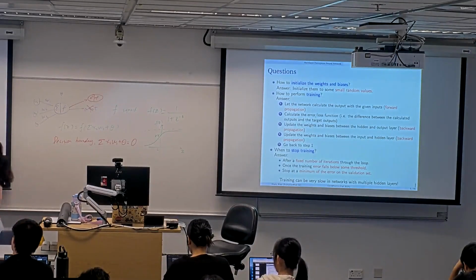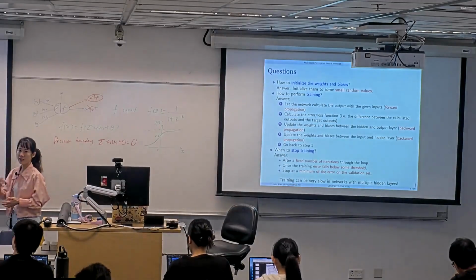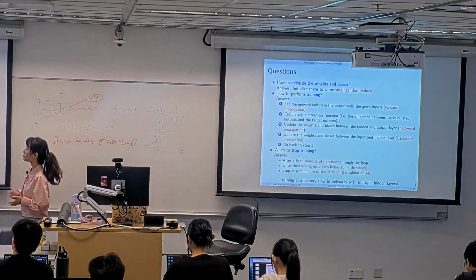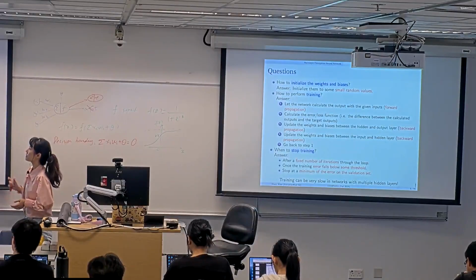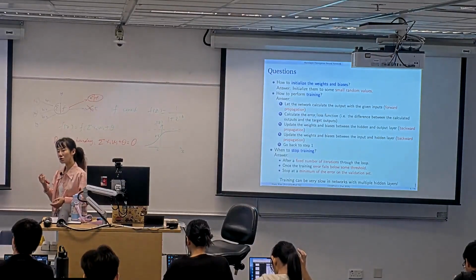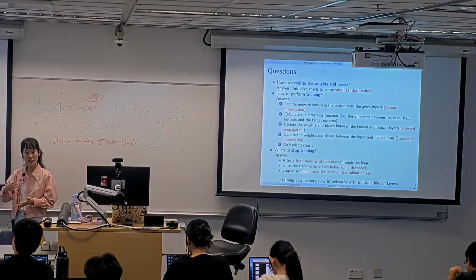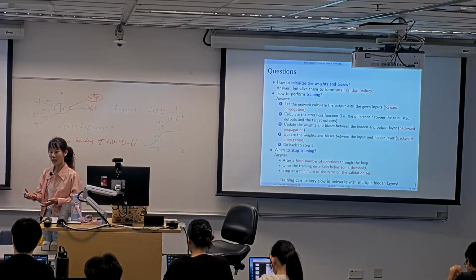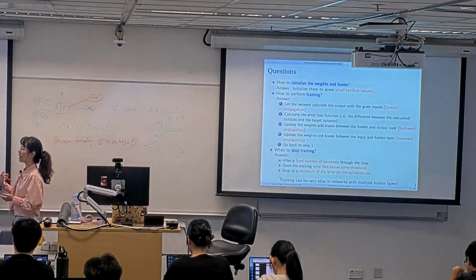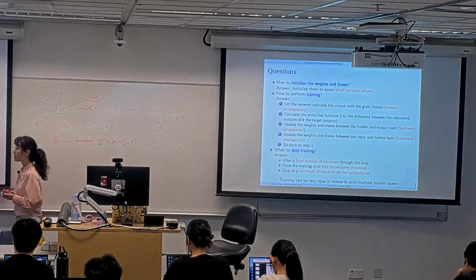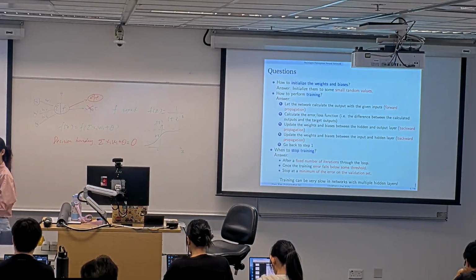Then, of course, possibly you will get some errors because the MLP during training is not always correct. It makes some mistakes. After you get this error, you need to use this error or loss function to go back to update all the parameters so that the parameters will be more accurate, so that your computed outputs can be closer to the target.